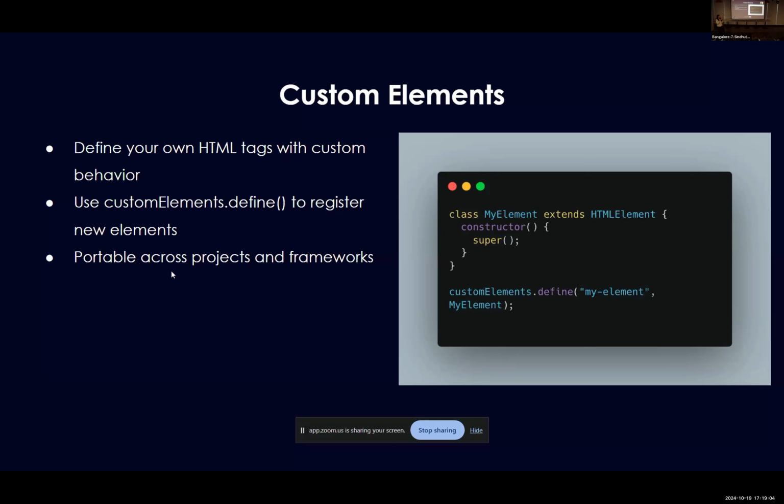In order to not collide with a normal element, we should use a hyphen in the naming convention. And we can define our JavaScript class, which is triggered whenever that element is called. Whenever the browser detects this HTML tag, it goes to the JavaScript file and uses our own logic. This can be used across all projects and frameworks.